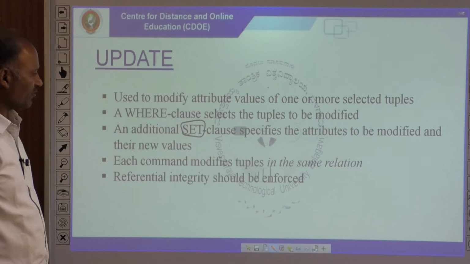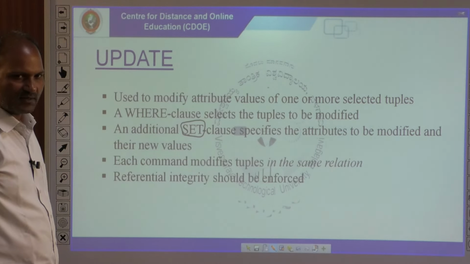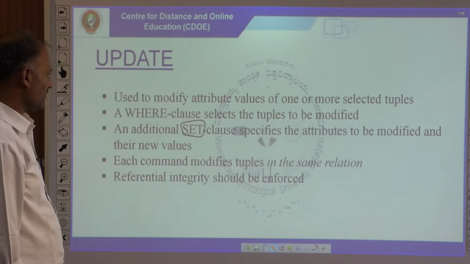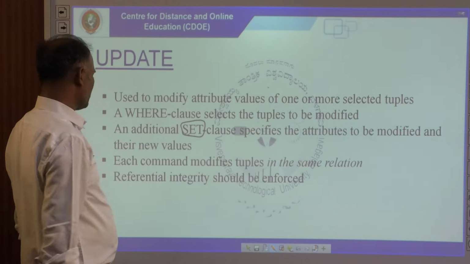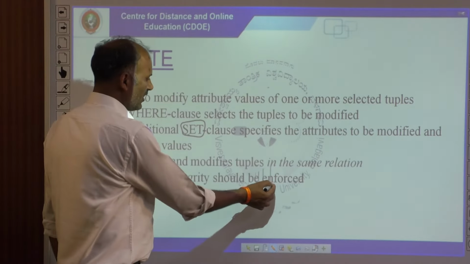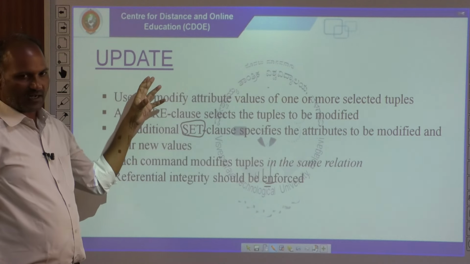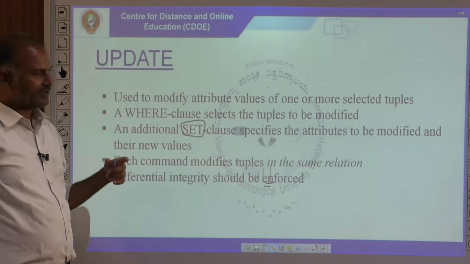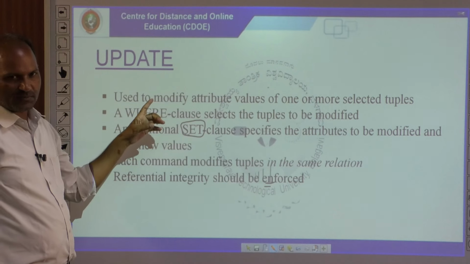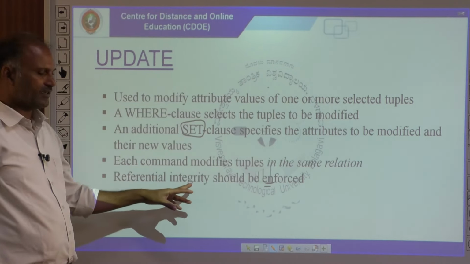Each command modifies tuples in the same relation. Each command updates the data in the same relation that you have specified. The referential integrity should be enforced, meaning while modifying the data of any table, we must ensure that referential integrity is maintained.